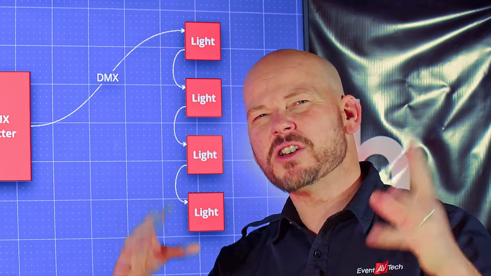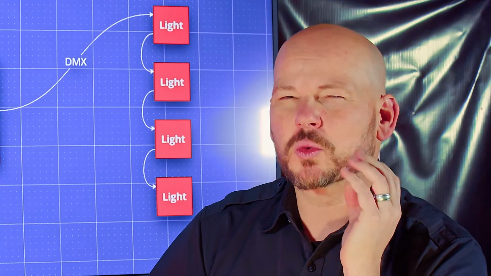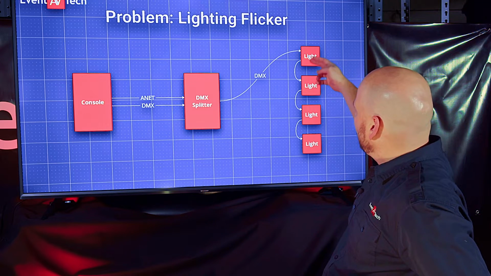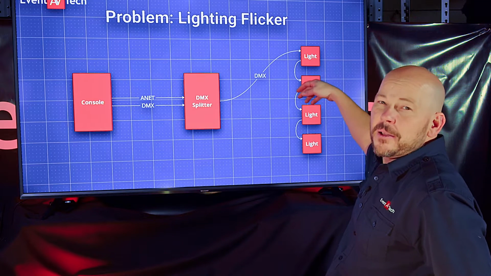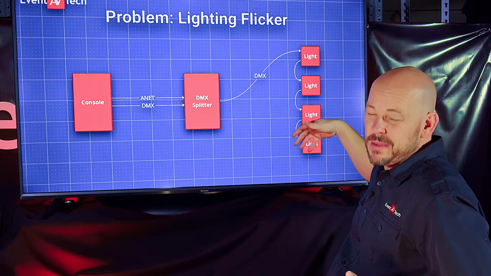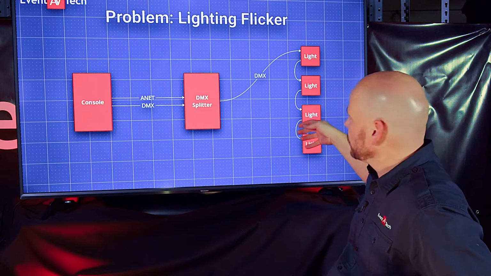Without getting too nerdy and technical, what's really happening when you have flicker is it's commonly broken down into two problems. Number one, you've got a light fixture in your lighting chain that is in the wrong personality or profile or setting. Maybe it doesn't have the right DMX address.